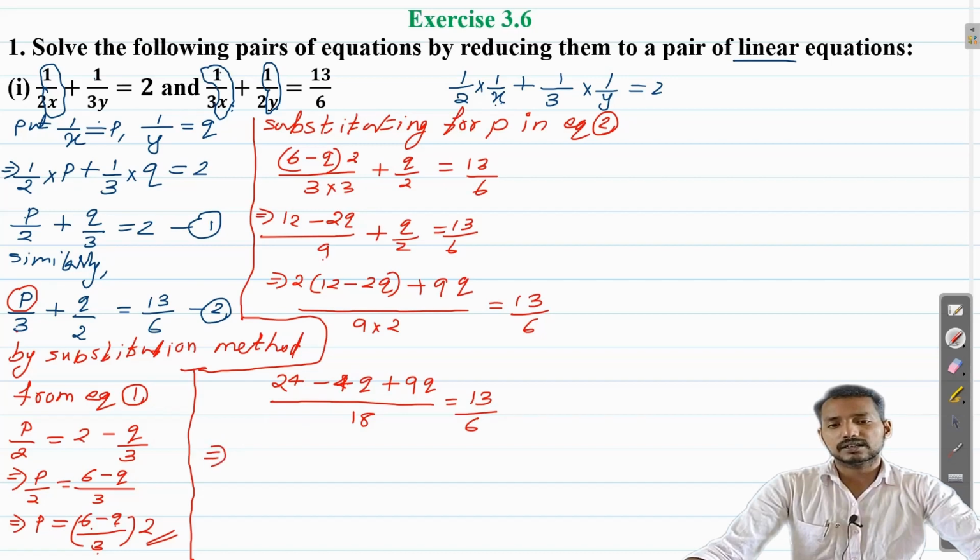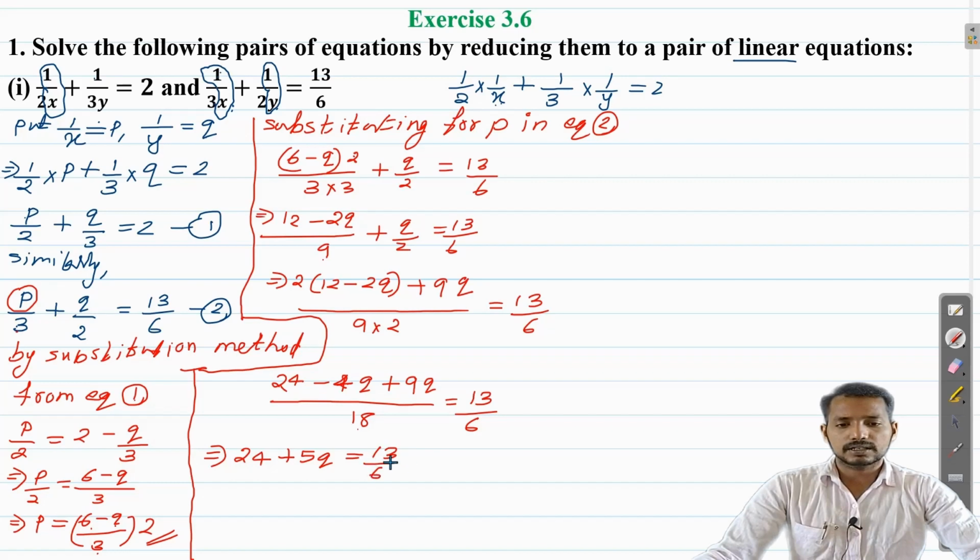Again simplify it. 24, keep it, there is no other numerical term. Minus 4q plus 9q will be plus 5q, which is equal to 13 divided by 6, and divided by 18 will go to the right side and be multiplied by 18. So that implies 24 plus 5q is equal to 13.